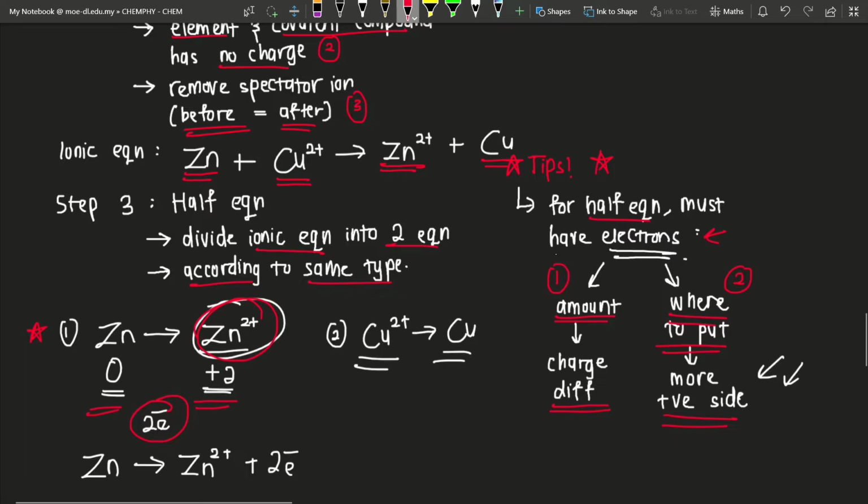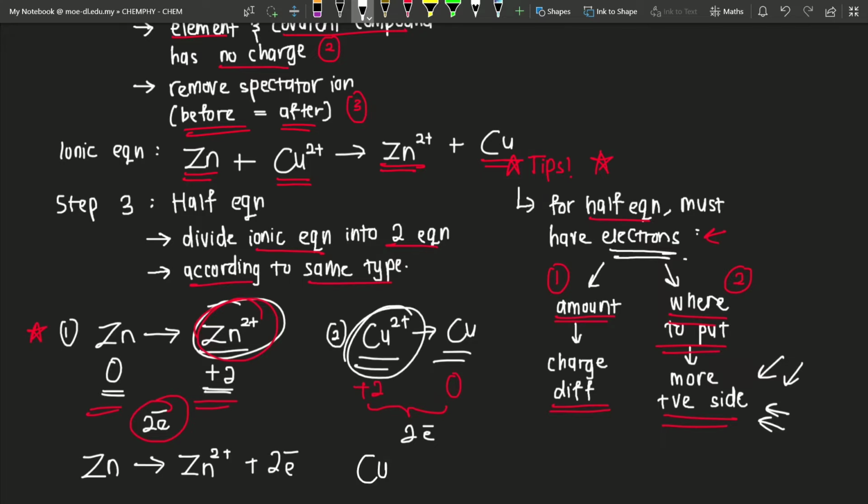So Cu2 plus, it is an ion, so we have charge plus 2. Cu is not an ion, it is an element or an atom. So you got 0, you have no charge. So plus 2 and 0 is different by 2. So you guys need 2 electron. So where to put these 2 electron? You guys will put it at more positive side, which is beside Cu2 plus.